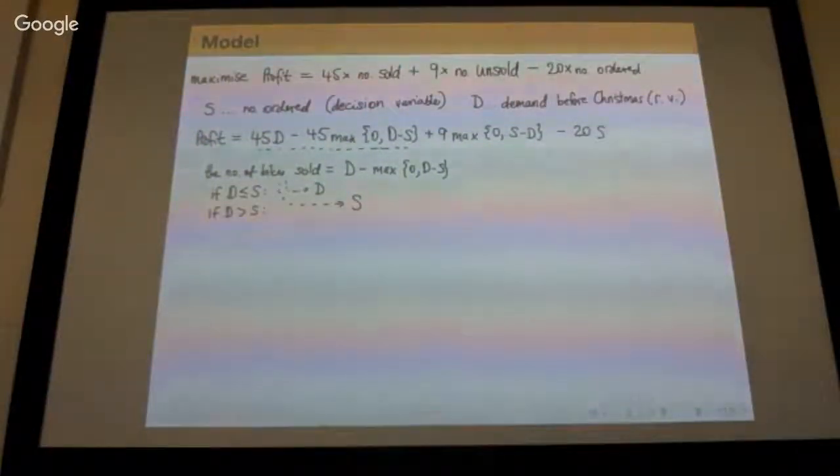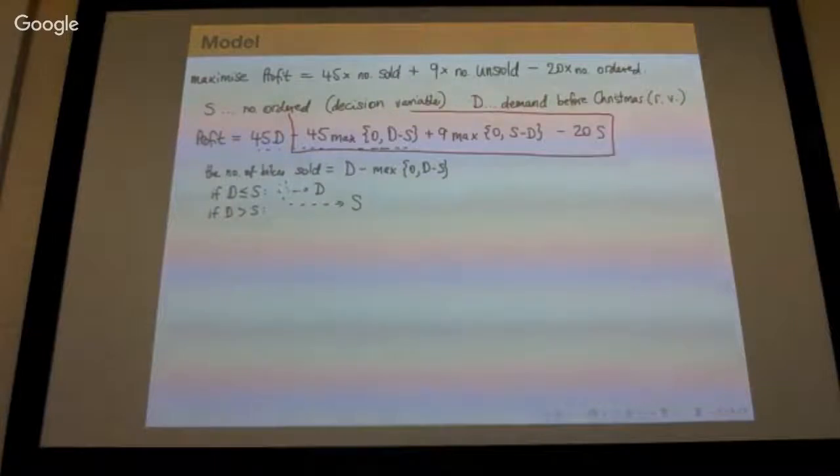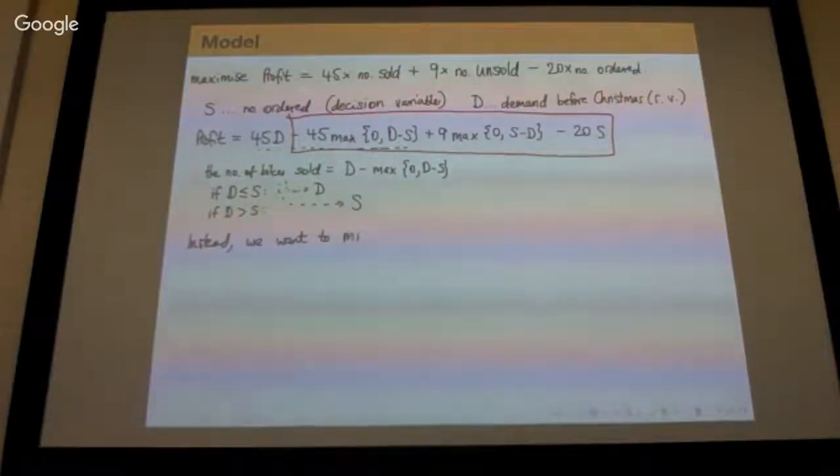So what we're trying to do is maximize this. Maximizing this is the same as minimizing the opposite. So instead, we want to minimize.